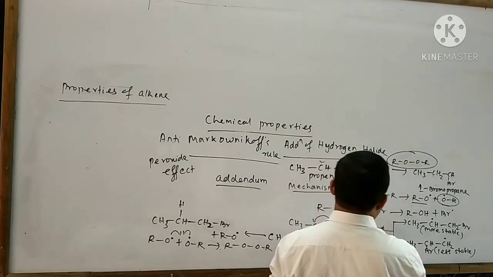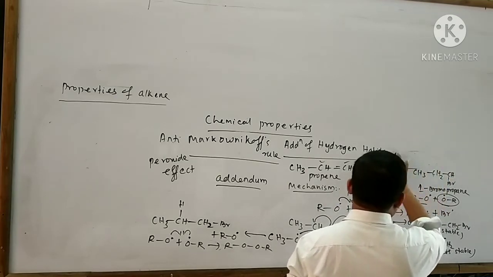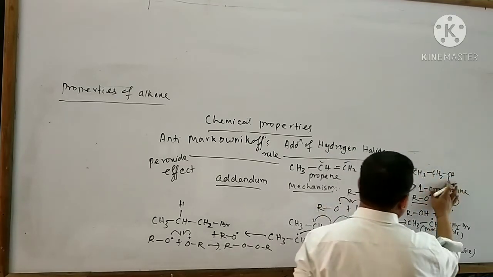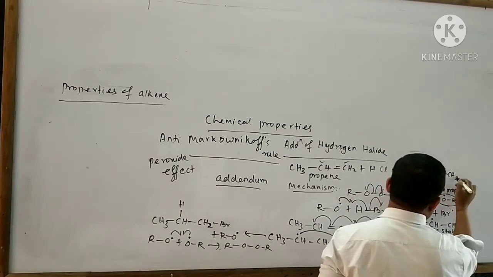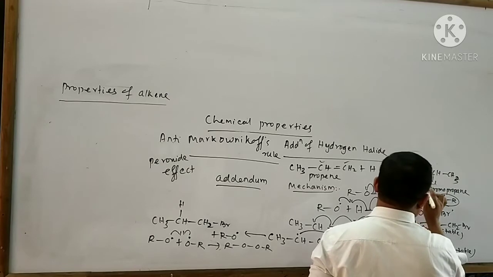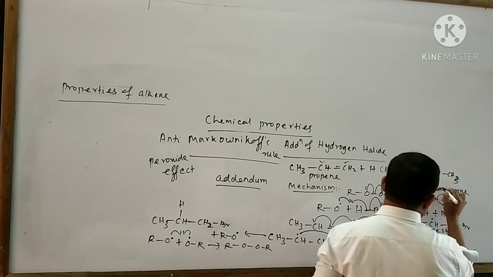When propene reacts with HCl in the absence of organic peroxide, then 2-chloropropane is formed. This belongs to Markovnikov's rule.